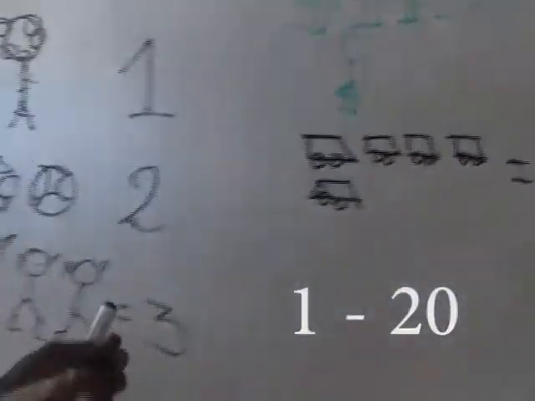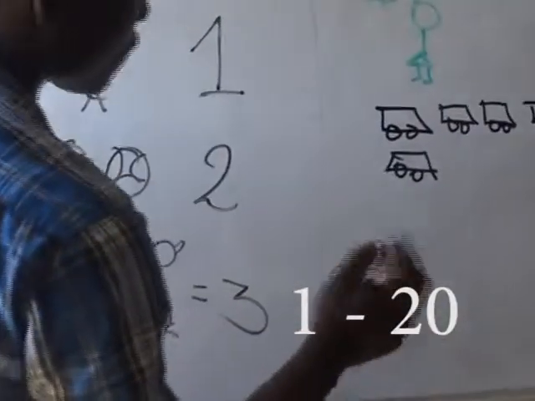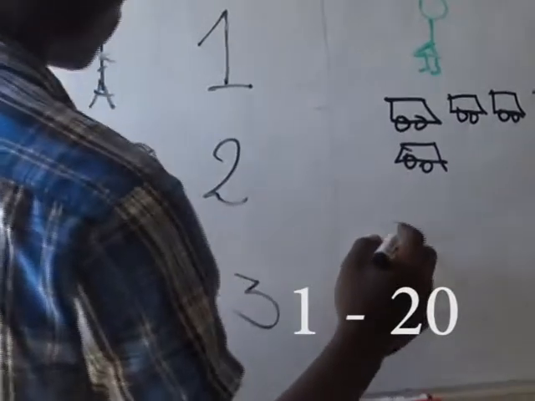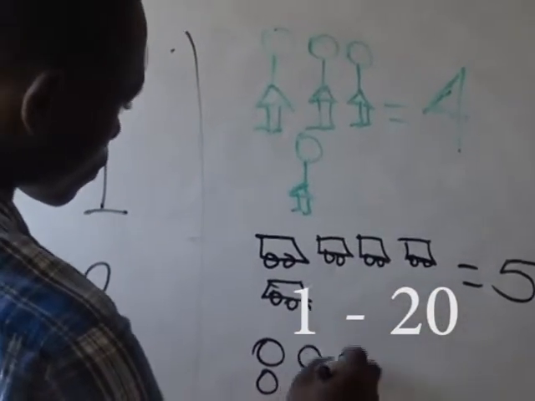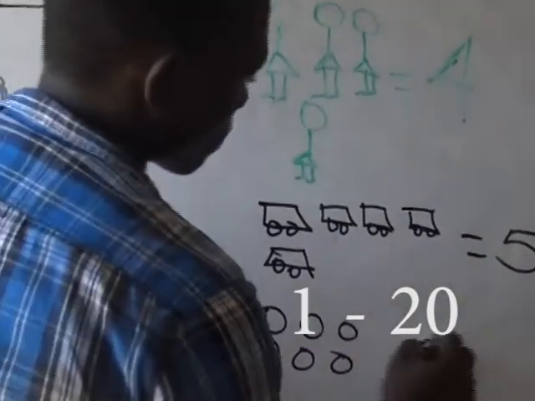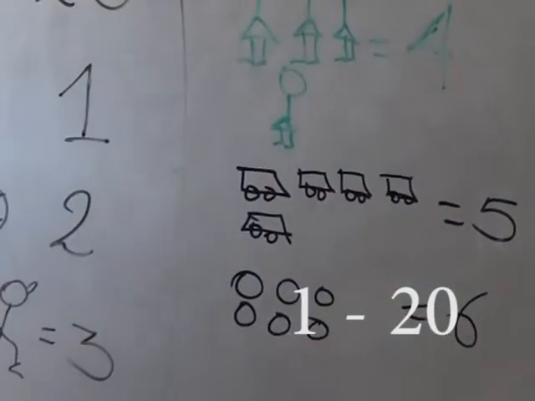This is called 5. Then we have 6. We have 7.